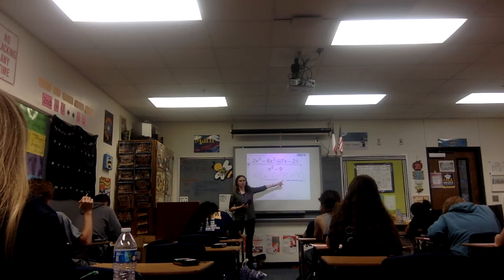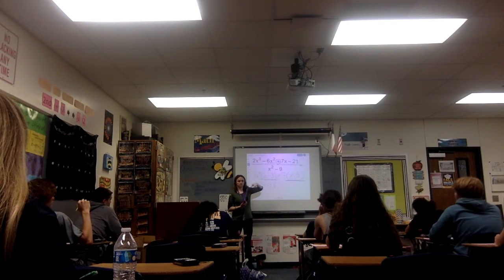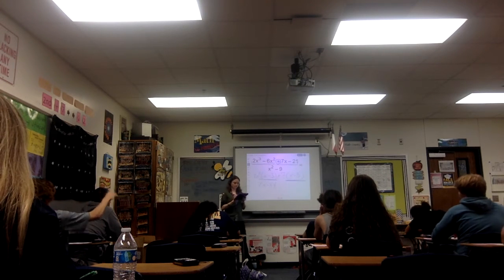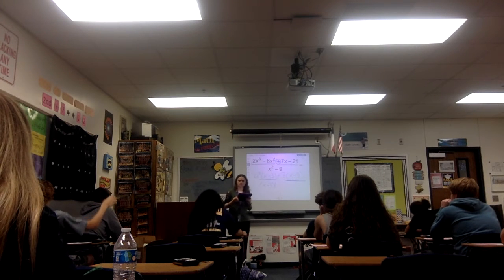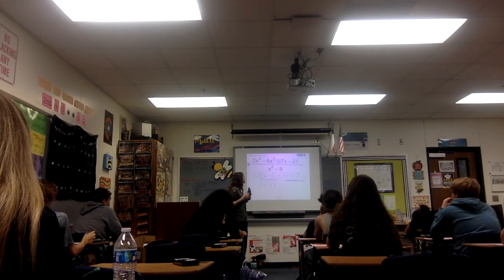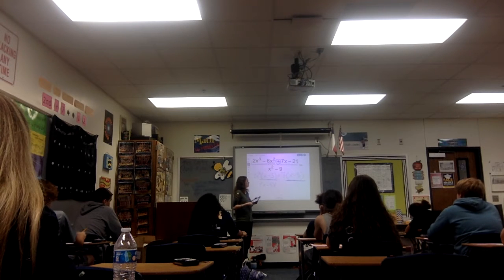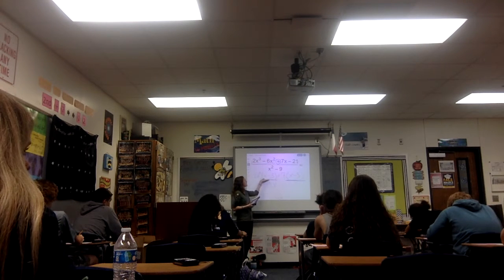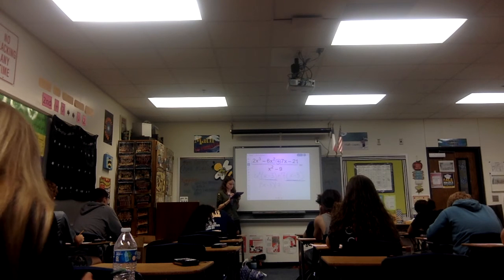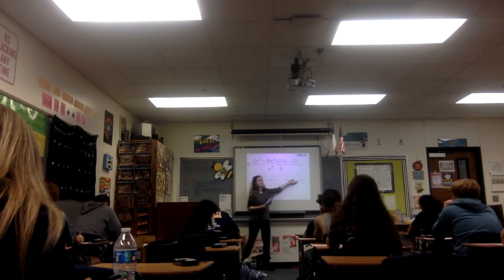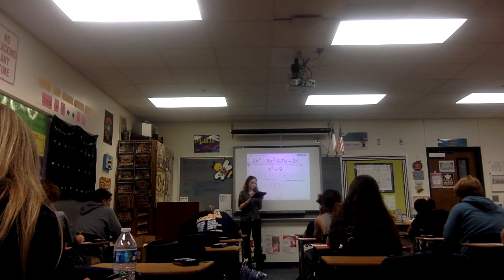What's left up here? Taryn? Put the coefficients together. 2x squared plus 7. Very good. We take x minus 3 out of this one and we're left with 2x squared, and from this one we pull x minus 3 out and we're left with a positive 7.